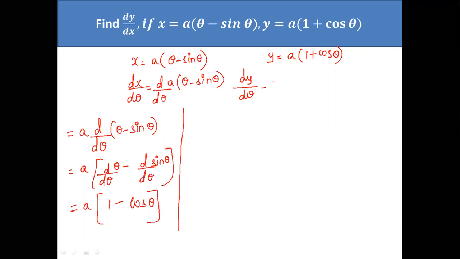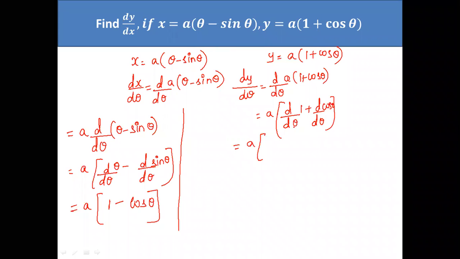So it is d by d theta of a into 1 plus cos theta. So a is a constant, take it out. Directly I'll write the next step, d by d theta of 1 plus d by d theta of cos theta. So that is a into, what is derivative of 1 with respect to theta, students? It is 0.